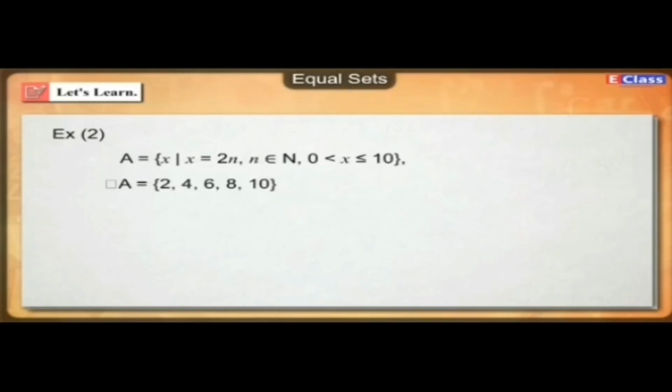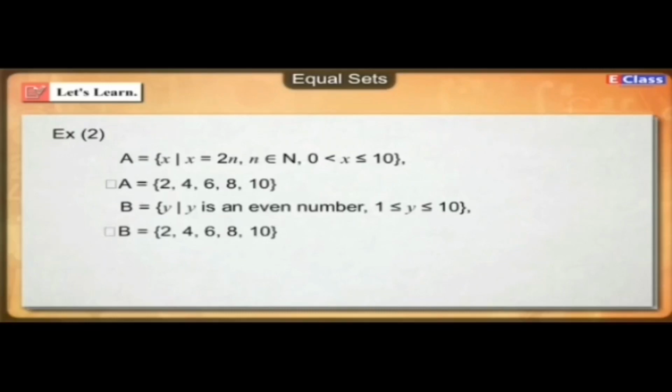And there is one more set B with all y such that y is an even number and y is greater than or equal to 1 and less than or equal to 10. So if we write this set B again in listing method, it will be B = {2, 4, 6, 8, 10}. Now if you observe, all the elements of set A and set B are same. Therefore, A and B are equal sets.